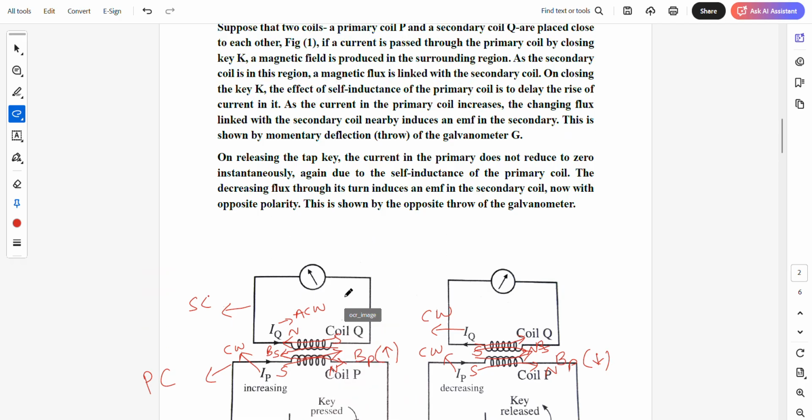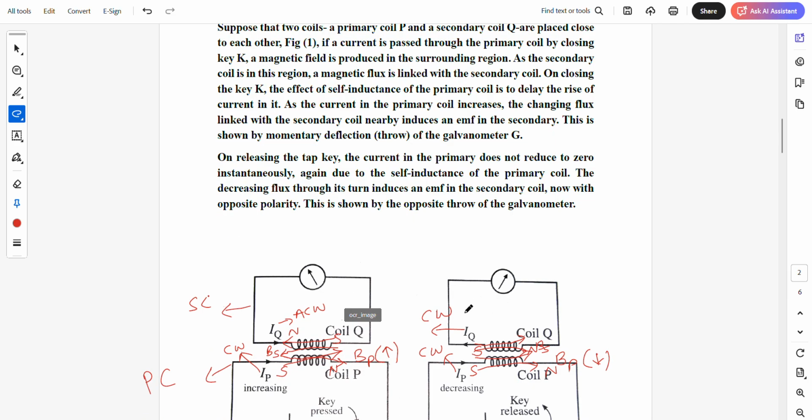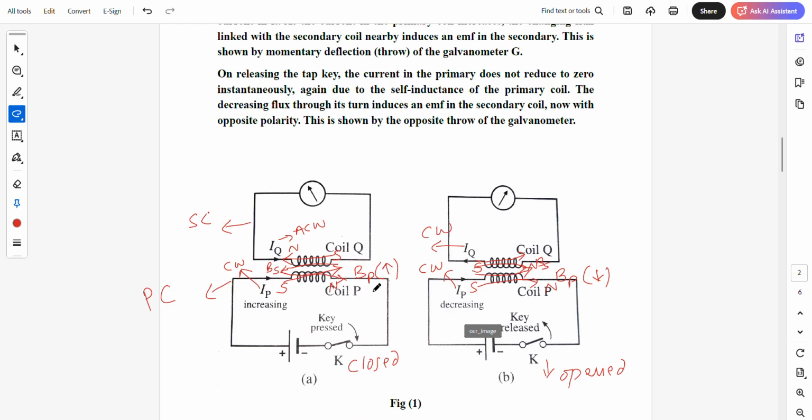Whenever the term mutual induction comes, we have to think of two coils. Always battery is connected to the primary coil, and in the secondary coil we can connect a galvanometer to show the deflection. Here the direction of current will be in the opposite sense of what is there in the primary.